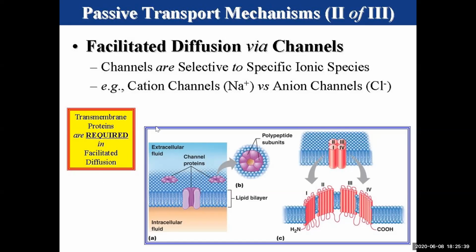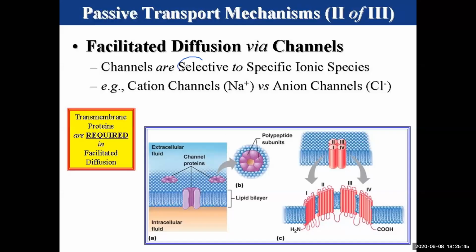So again, the beauty about this is that channels are selective to specific ionic species. For example, there are channels that allow cations to flux and channels that allow anions to flux. Anion means negatively charged and cation means positively charged.